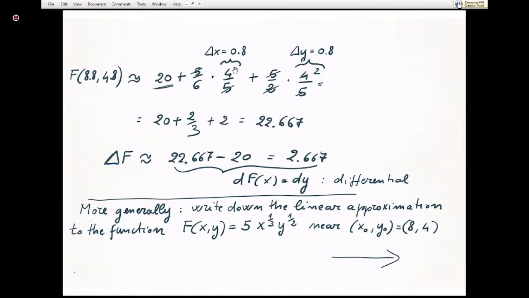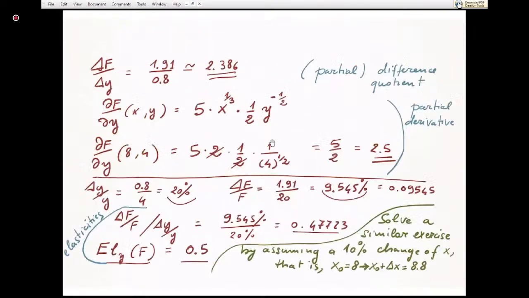I wrote it as 4 over 5, just to have it simplified. Plus the partial derivative with respect to y at the initial input level times, again, 0.8, 4 over 5. It becomes 20 plus 2/3 plus 2, 22.667. So this is the linear approximation of the output at the new input level.